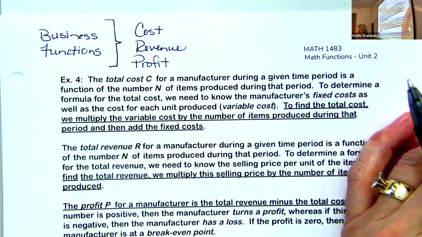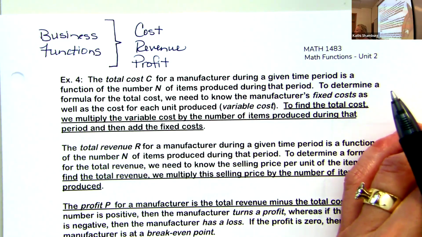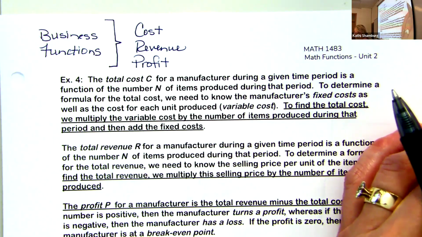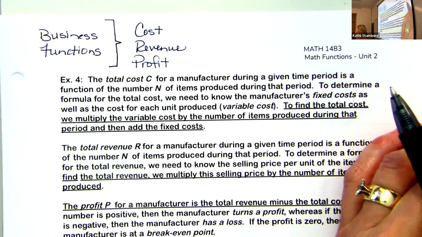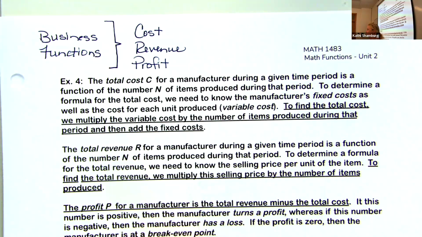Because if you're going into business, you're going to deal with all of those, right? Cost is how much money is going out. It's what you're spending to run your business. Revenue is money coming in. People are buying stuff. So how do we figure out our profit? Yeah, revenue minus cost. You take what's coming in and subtract the cost, okay? So that's the overview of the business functions that we're going to be looking at.